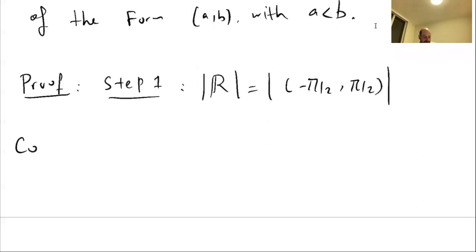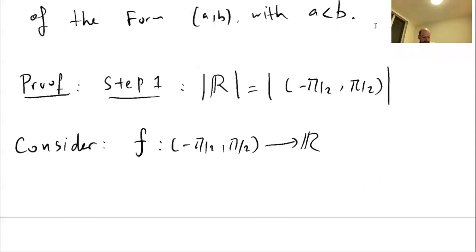So consider f from minus pi over 2 to pi over 2 to R. f of x equals, what do you think the bijection would be? Tan x.